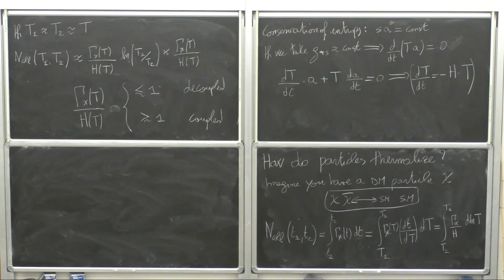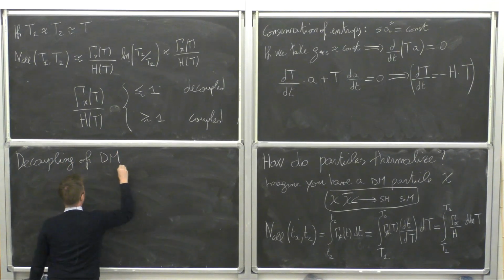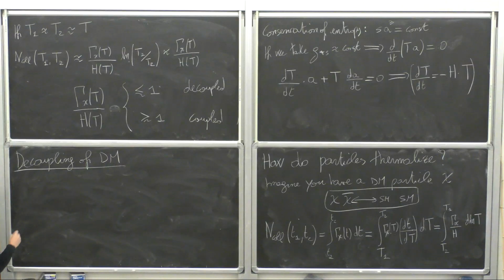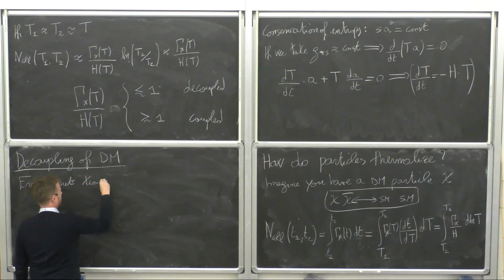Okay. So I say the division is thermal, non-thermal. We will start from thermal. So for this discussion, dark matter particles are in thermal equilibrium. We want to understand when they decouple. So the decoupling of dark matter happens at the so-called freeze-out temperature.